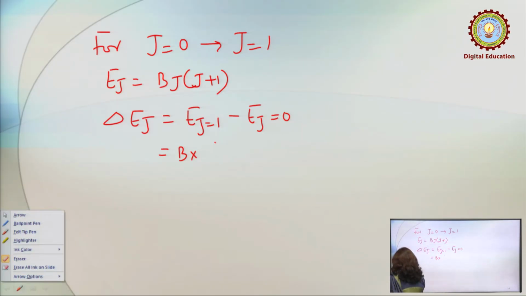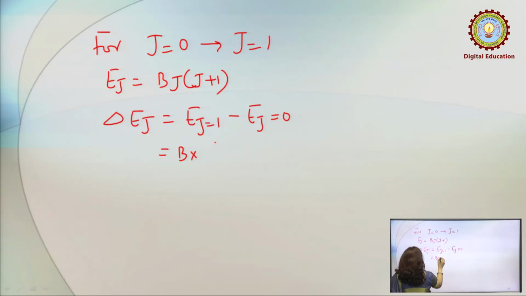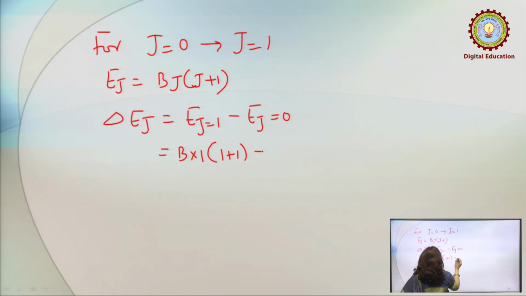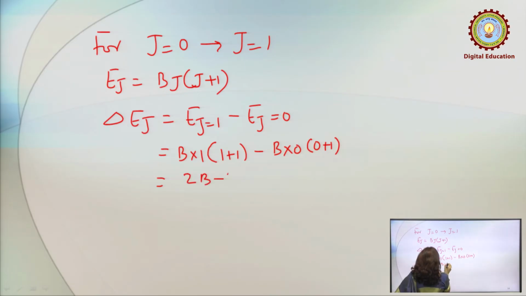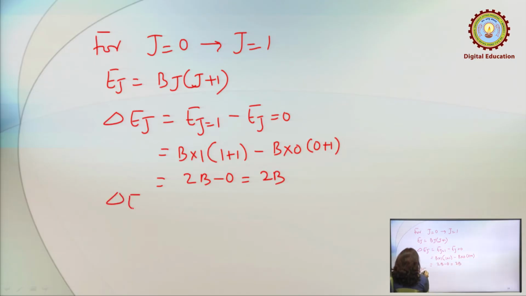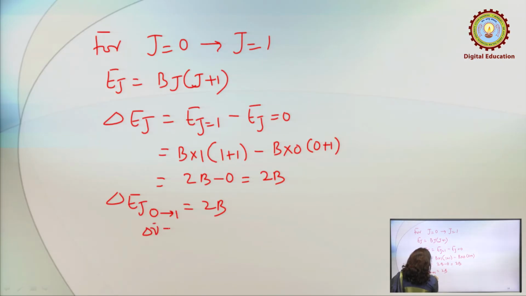So, B into 1 plus 1 minus B into 0 plus 1, it means 2B minus 0. So, delta E from 0 to 1 is equal to 2B, or the frequency for transition 0 to 1.